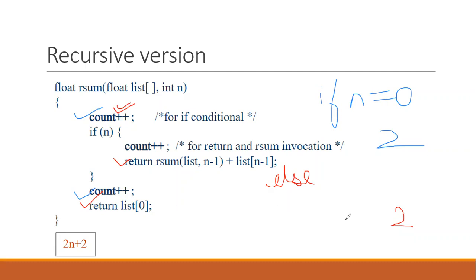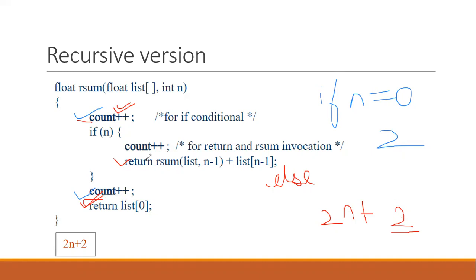So the step count will be 2n plus 2. We need to note down, for n greater than 0, we have these two statements executed, so which will be 2 step count.